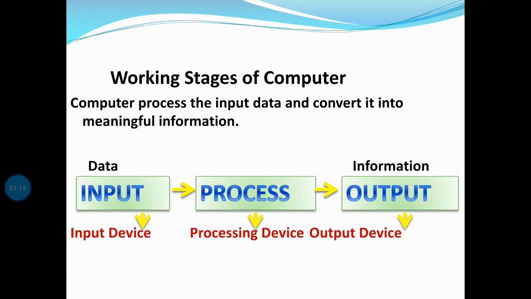Firstly, the computer takes raw data with the help of an input device like keyboard, mouse, and after taking input it processes it with the help of the CPU, and after processing it produces the desired result as output with the help of an output device in the form of information. Clearly we can say that a computer processes the input data and converts it into meaningful information.